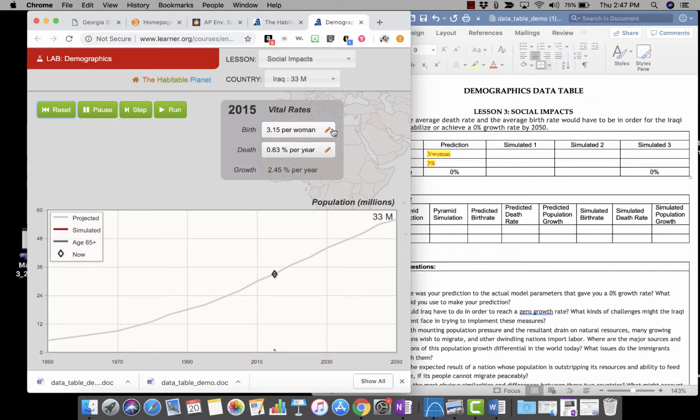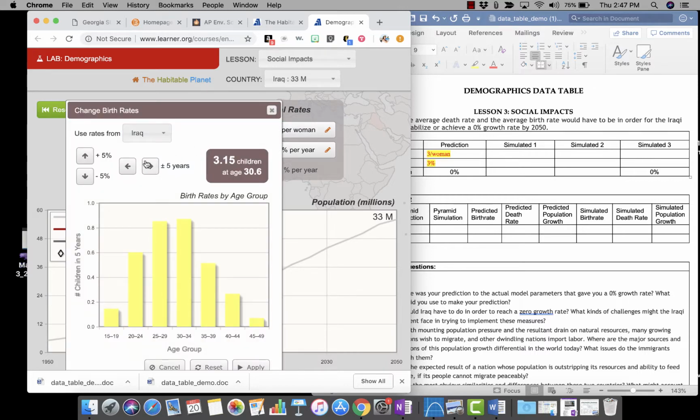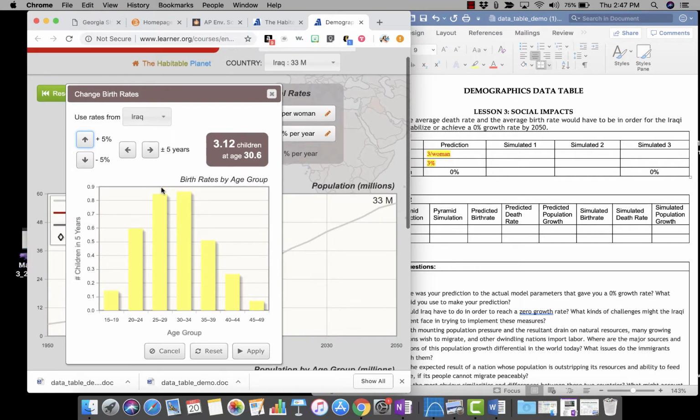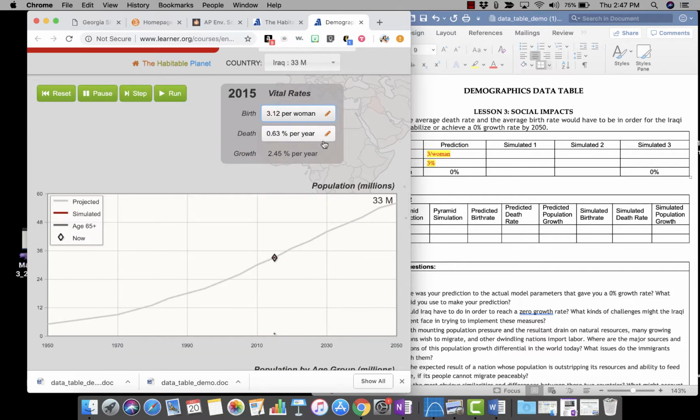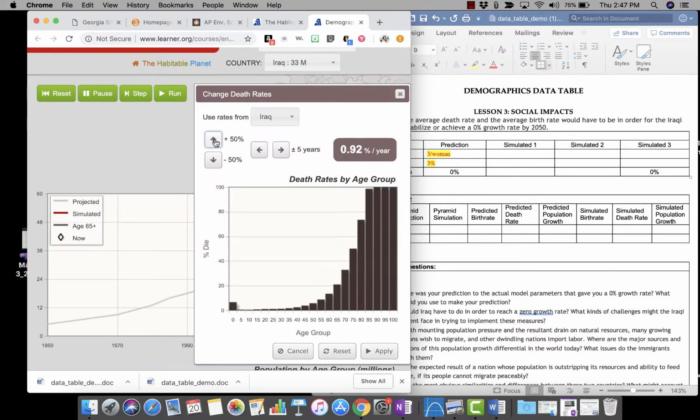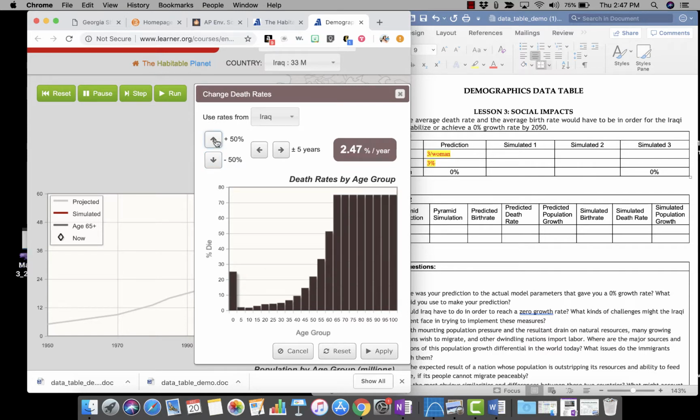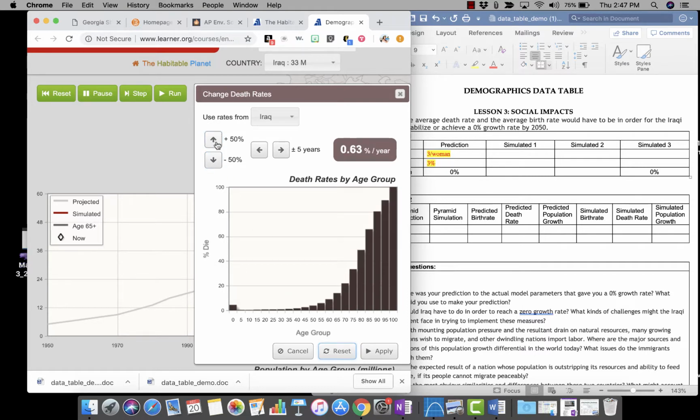So let's try and do, I'm going to leave it at 3 per children. And then I'm going to make this death rate go up. Okay, well, 2.47 is about as close as I can get.